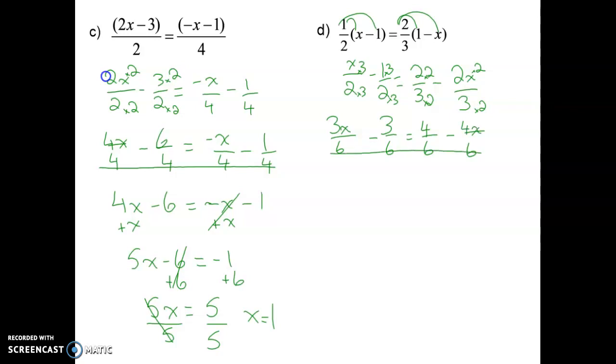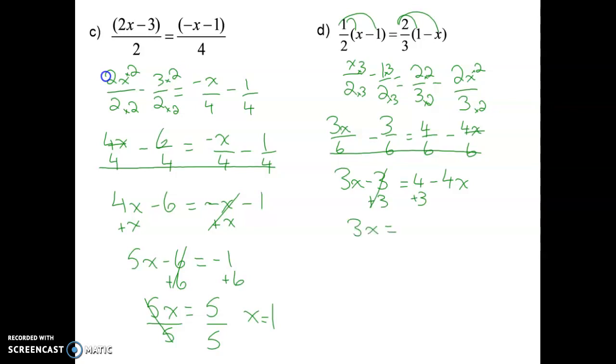Now I can get rid of my denominators because they're all the same, and my equation is 3x minus 3 equals 4 minus 4x. Let me get rid of this negative 3 first, so I'm going to add 3 to both sides to cancel that.